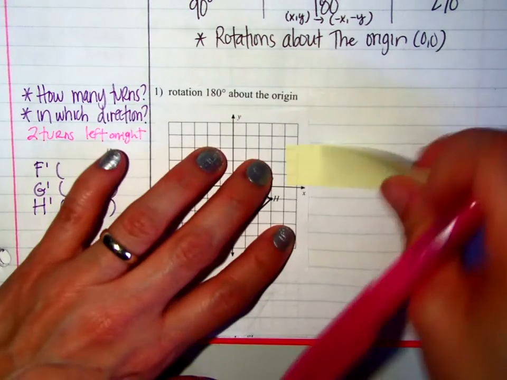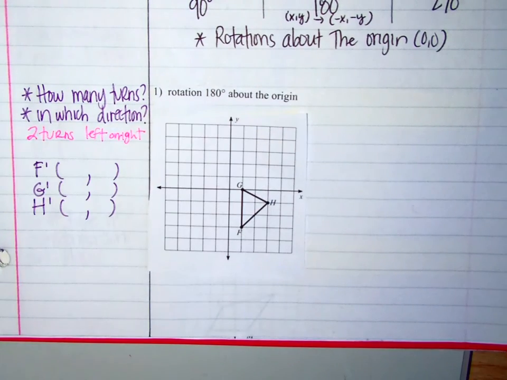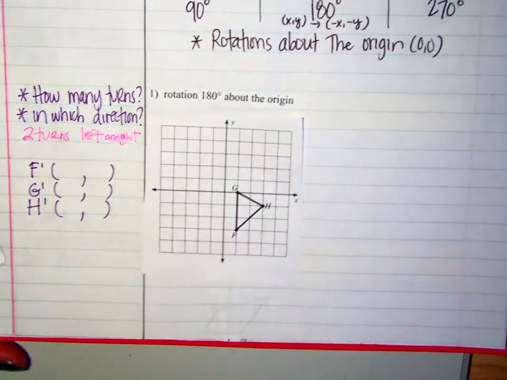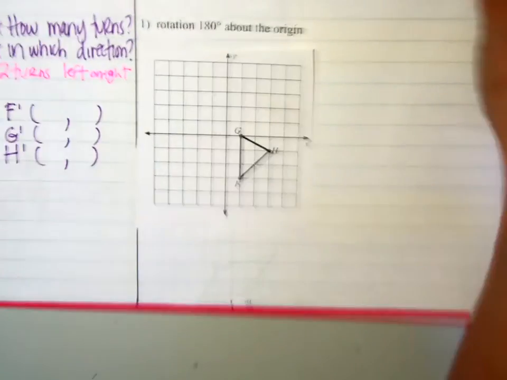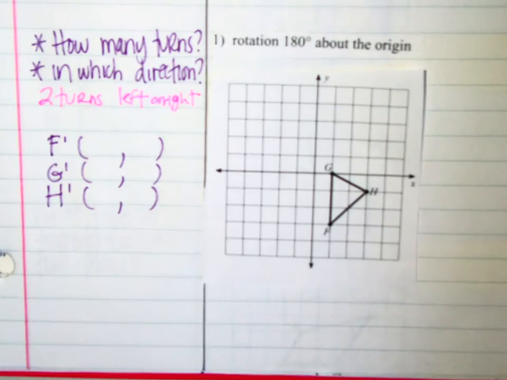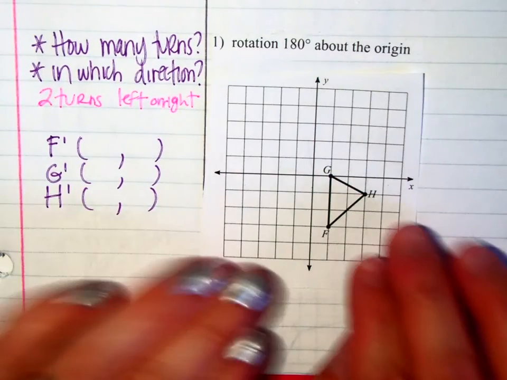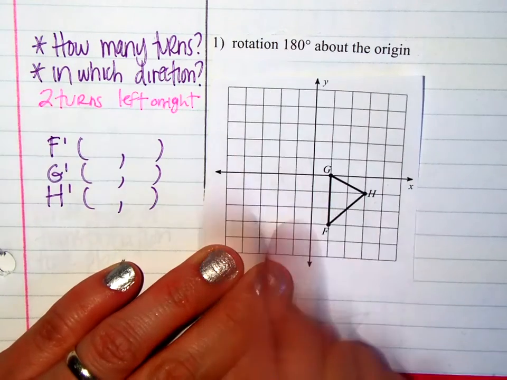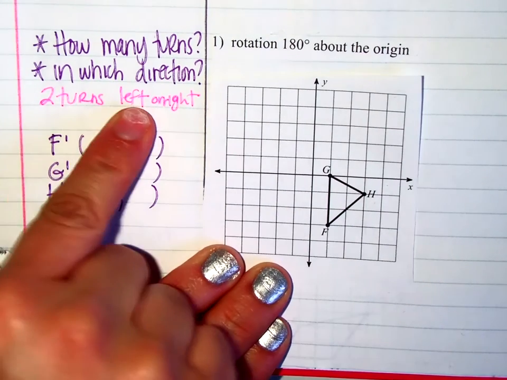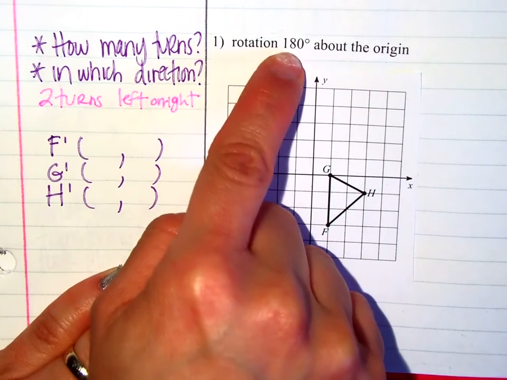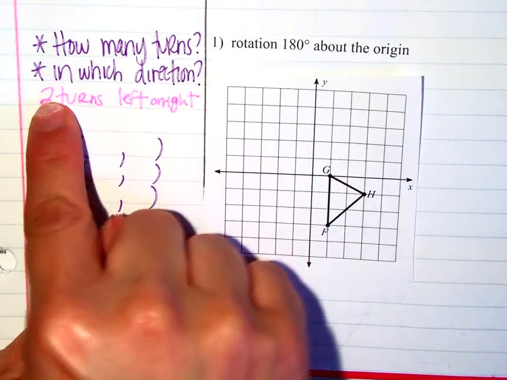All right, so let's take our picture, and what we're going to do is we're going to take our original here. I'm going to zoom in so you can see a little better. And we are going to turn this picture 2 turns to the left, okay? Because it's 180 degrees, it doesn't matter left or right, but 2 turns for sure.